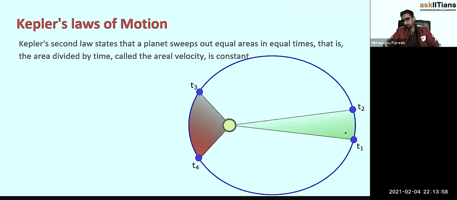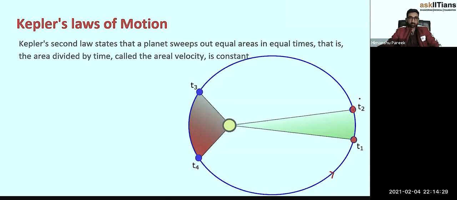So first of all, let's see that a planet is going in an elliptical orbit this way, clockwise or anti-clockwise. At some instant t1, the planet was at this location, and at some instant t2, the planet is at this location. So this planet has covered some certain distance.